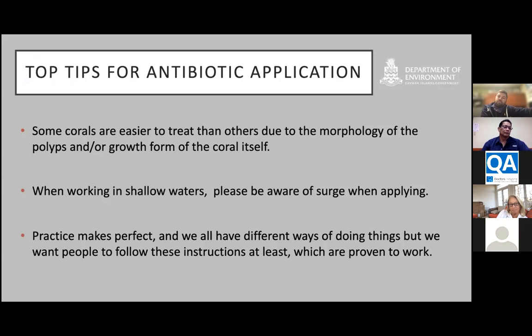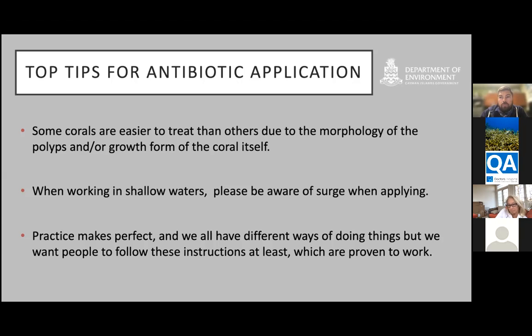And, as I'm talking about this, I might as well carry on with a few more tips. Some corals are easier to treat than others. Like the coral I was treating right then, it's quite easy to treat. It's one of the star corals.